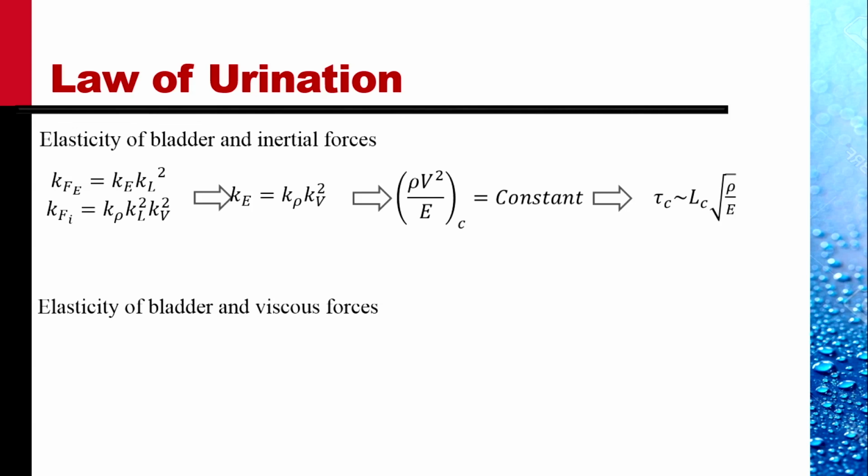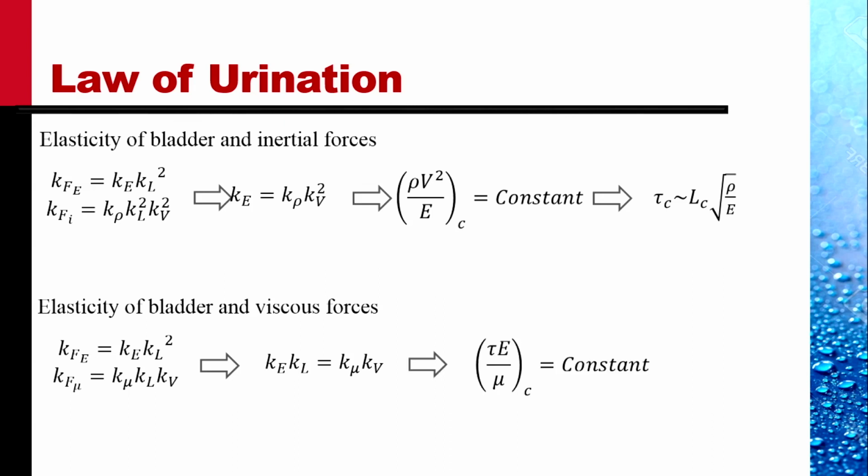Elasticity of the bladder and viscous forces. The scale factor of elastic forces is Ke KL squared. For the viscous forces, K mu KL KV. And this gives Ke KL is equal to K mu KV, which gives you tau E by mu is constant, or tau C is mu divided by E. We are talking of almost the same urine, so K mu is 1.